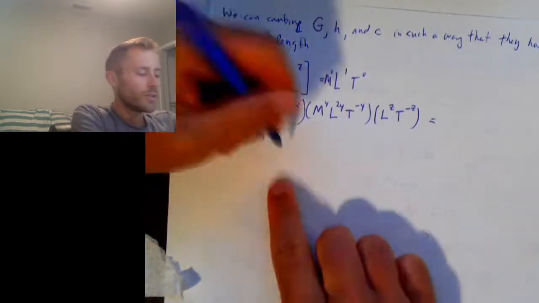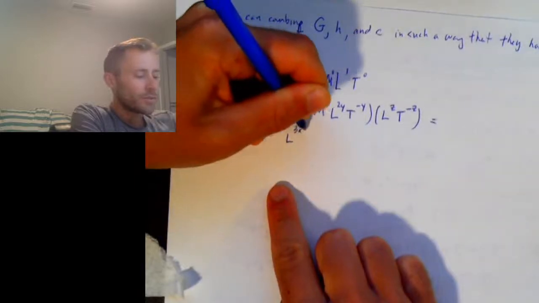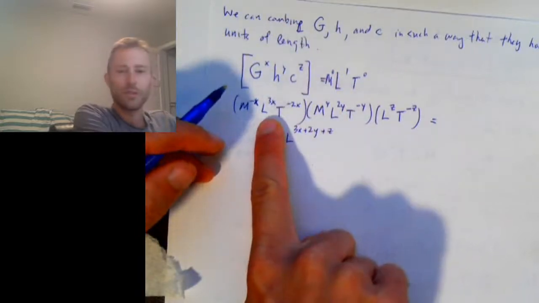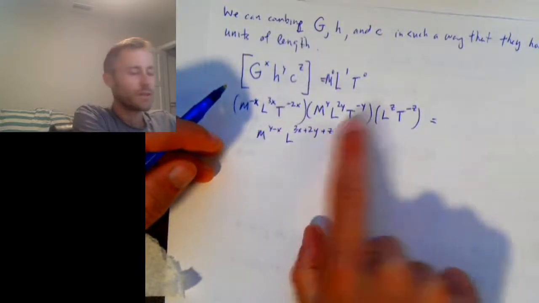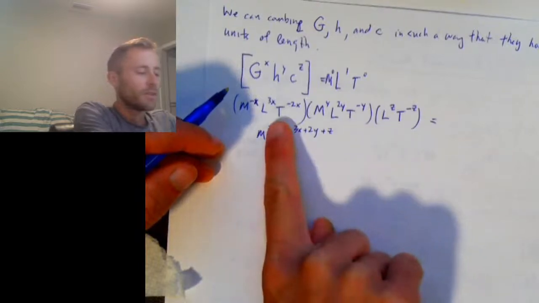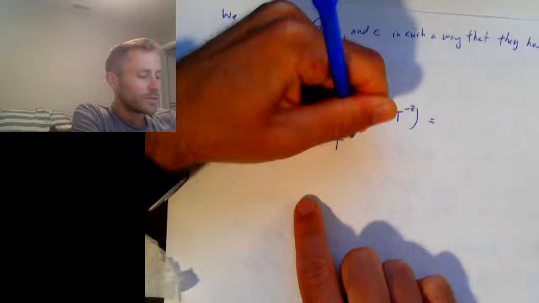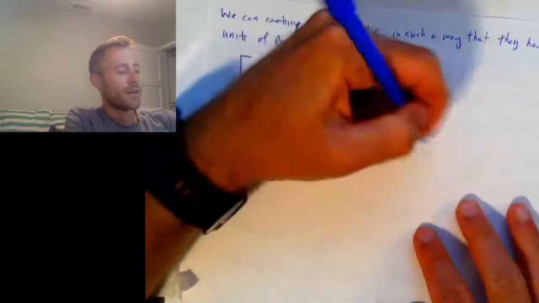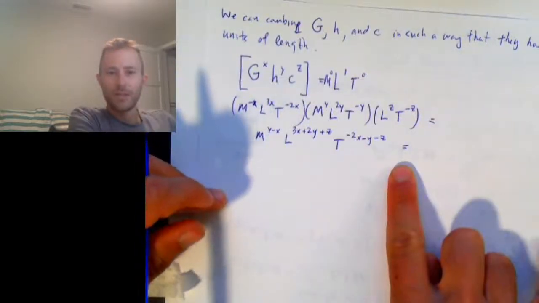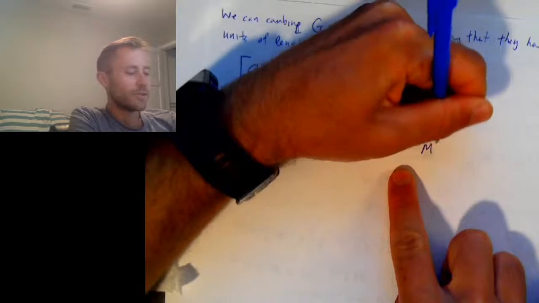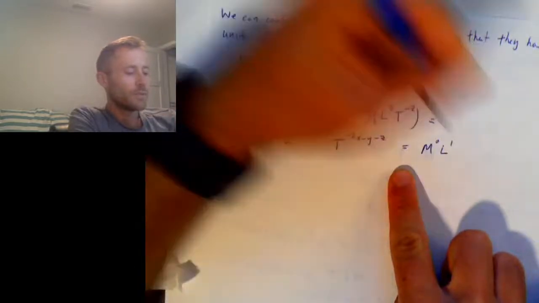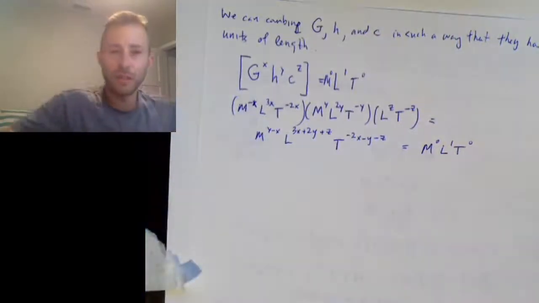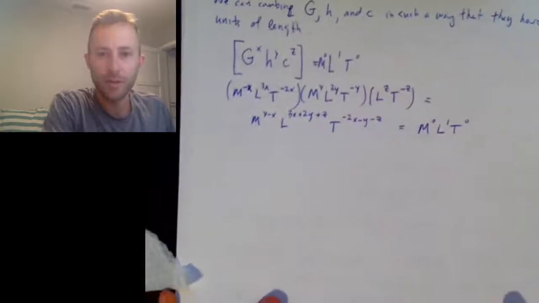I have L to the 3x plus 2y plus z. So that's coming from L to the 3x times L to the 2y times L to the z. And then I have t to the minus 2x minus y minus z. And all of this has to have the units of m to the 0, l to the 1, t to the 0. Okay? So this actually gives us a system of equations.